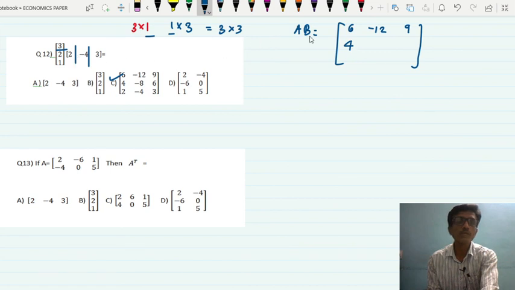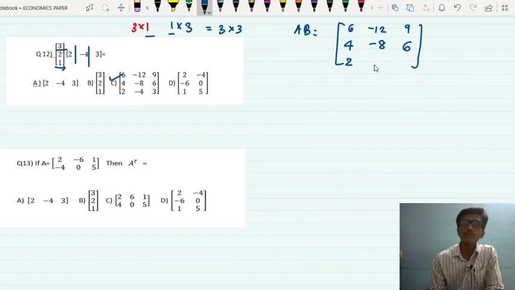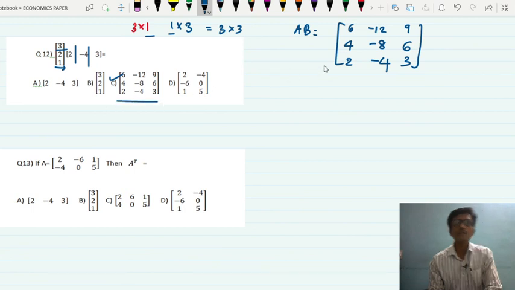Second row into second column, minus 8. Second row into third column, that is 6. This is the second row. Then third row into first column, that is 2. Third row into second column, minus 4 it is. Third row into third column, that is 3. So we are getting all these elements. So C is the correct option.